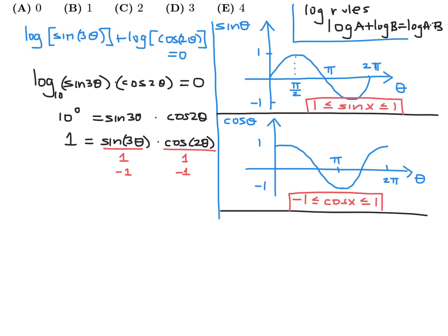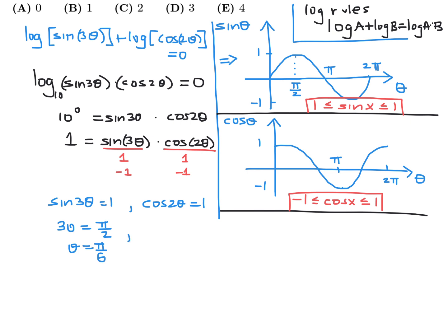Okay, so then we explore these. Let's go with the first one. That means the sine of 3 theta is 1, and the cos of 2 theta is also 1. If that's the case, 3 theta is pi over 2, and it's always helpful to draw the graph. That means theta is pi over 6.